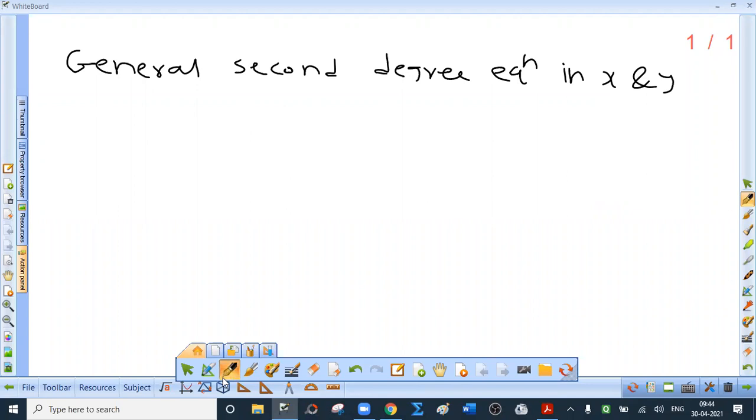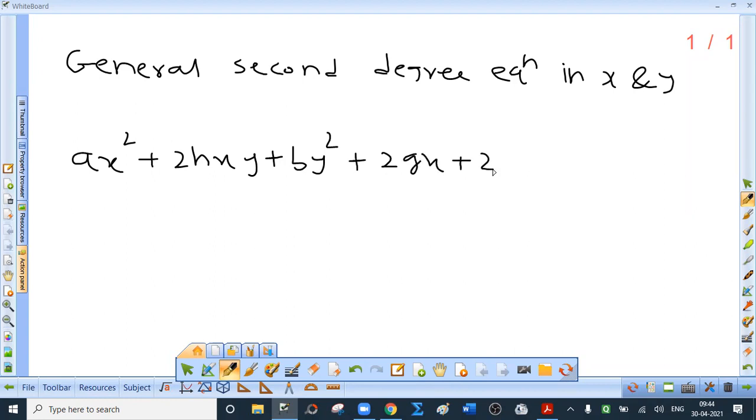The equation of the form ax square plus twice hxy plus by square plus 2gx plus 2fy plus c equal to 0, where at least one of a, b, h is non-zero, is called a general second degree equation in x and y.